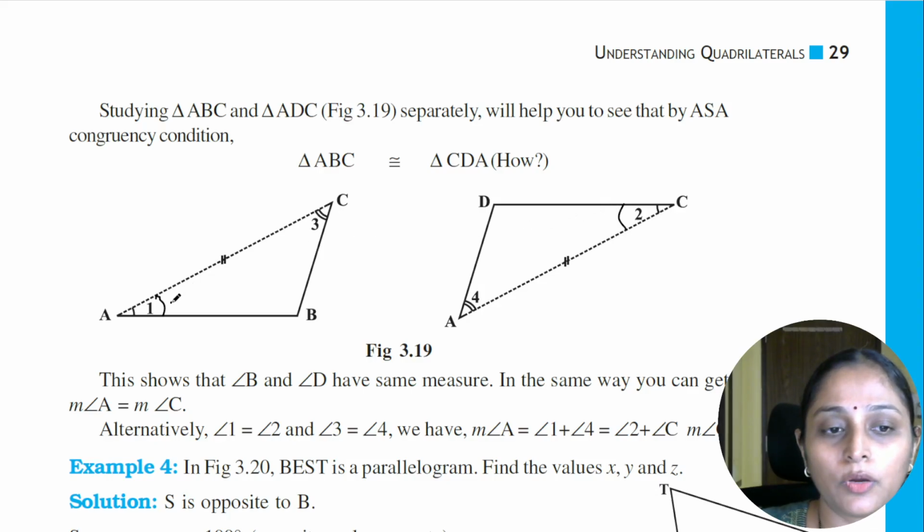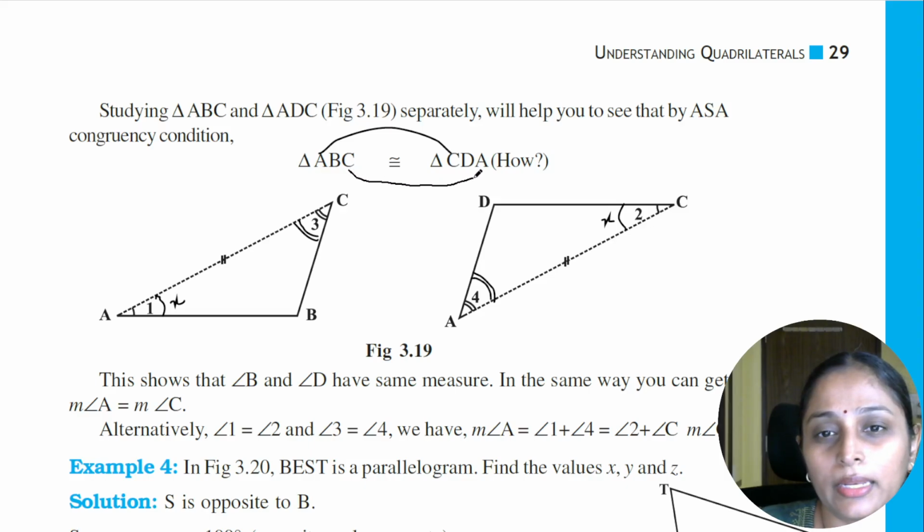So for example, if I call this X, this is also X, and this angle they've already given is equal to this. You have to look at corresponding angles whenever you have congruence. So angle A is equal to angle C, angle C here is equal to angle A here. When I say angle A, corresponding to this triangle, and C corresponding to this, right? So these two are equal. I'm going to name it Y.